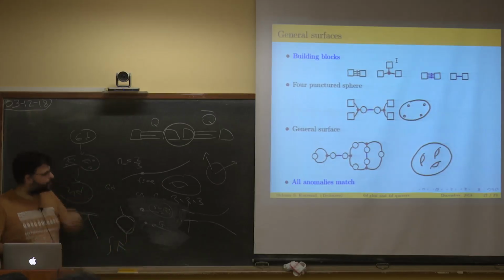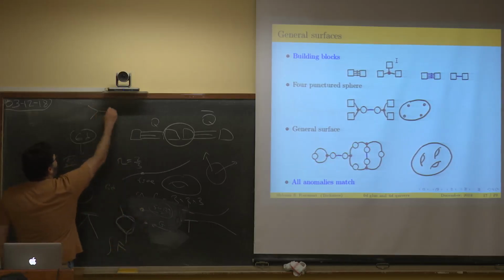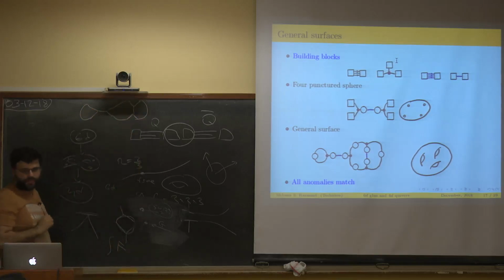So the four-punctured sphere is the main building block you're saying? Yes, so here you take one such block, you add a loop, then you take another block. So the basic picture here is you have two such things. Oh, I see. So you close this one, and this one, and you produce a genus 3 surface.